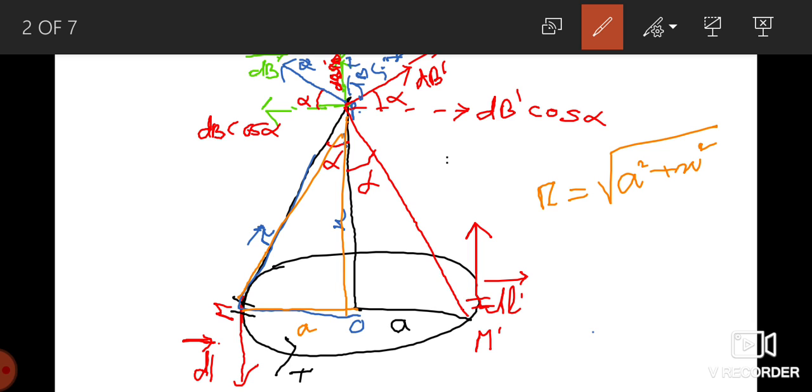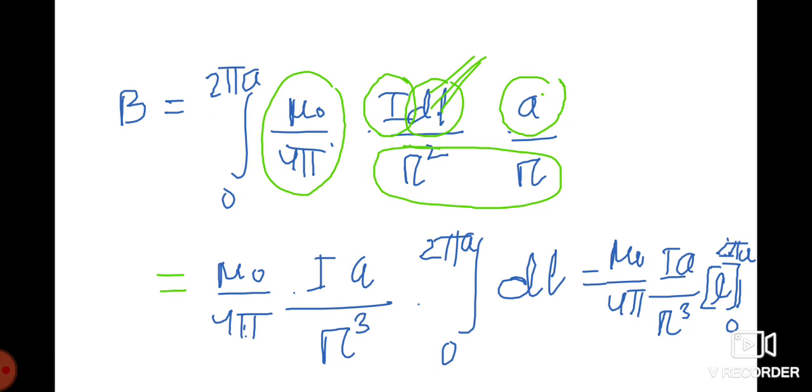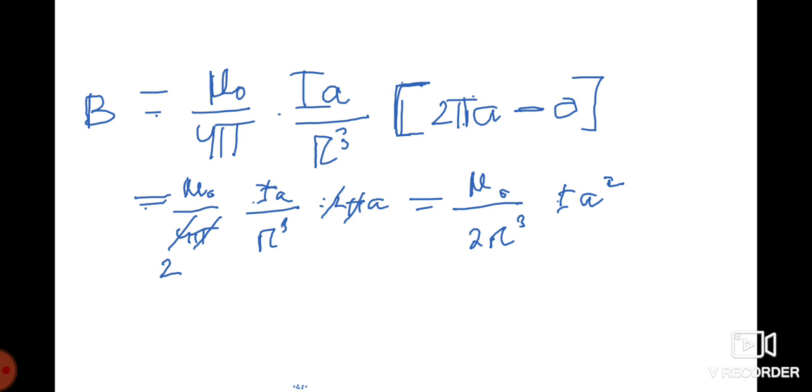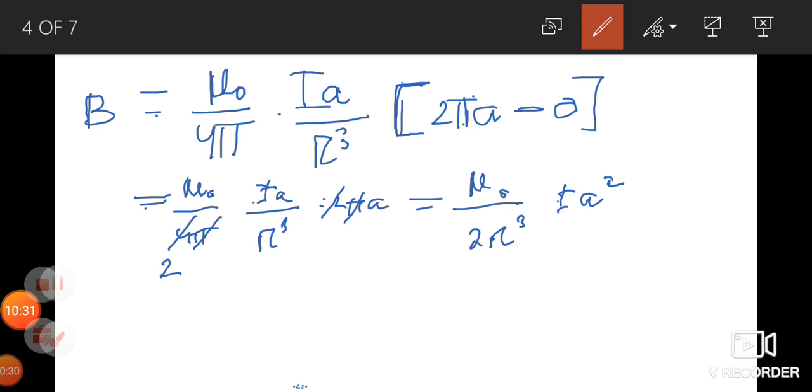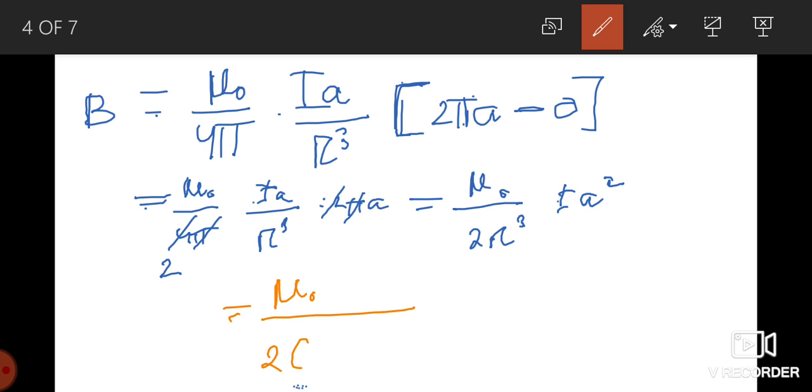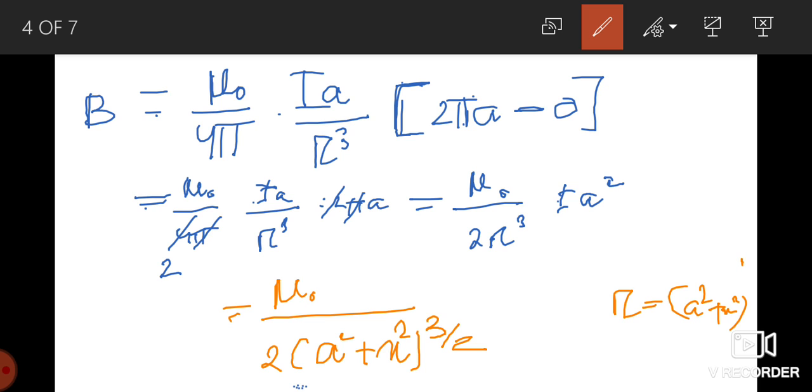Putting this value in that equation, we get B equal to mu 0 by 2 into I a square divided by a square plus x square to the power 3 by 2, because r is equal to a square plus x square to the half.